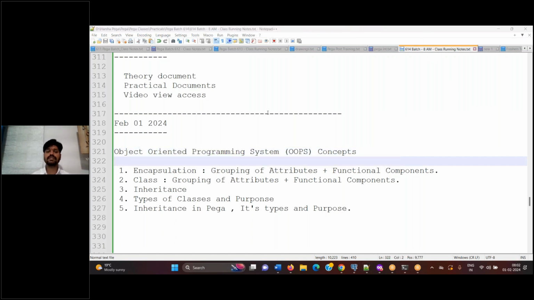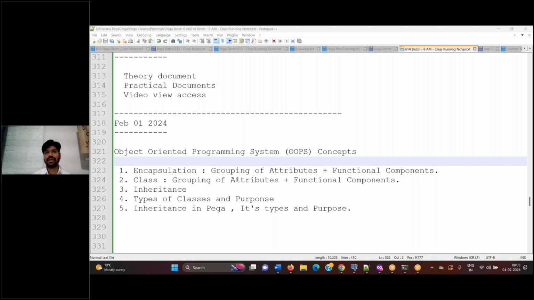See, if you are going to come up with your own programming language and its compiler design, and that programming language is built and developed based on the object-oriented programming system, then your programming language is said to be an object-oriented programming language.